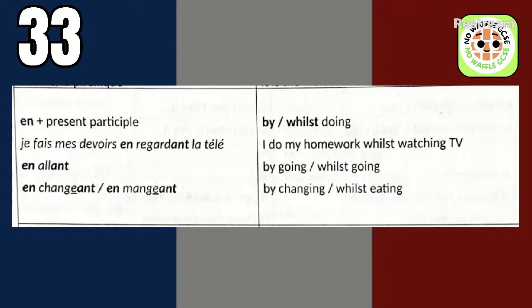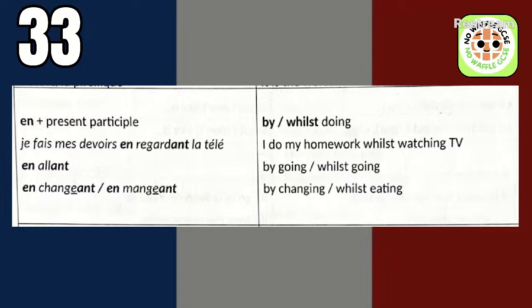En plus present participle. So this counts as another tense. So this is effectively the equivalent of using ing verbs in English. So for example, I am doing a marathon, or anything which is like doing, eating, singing, but the purpose of the en at the beginning is effectively whilst.